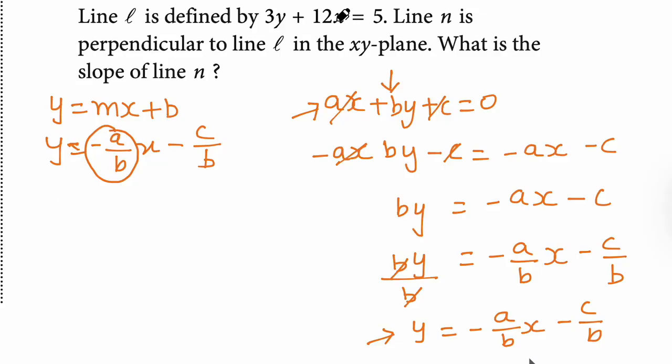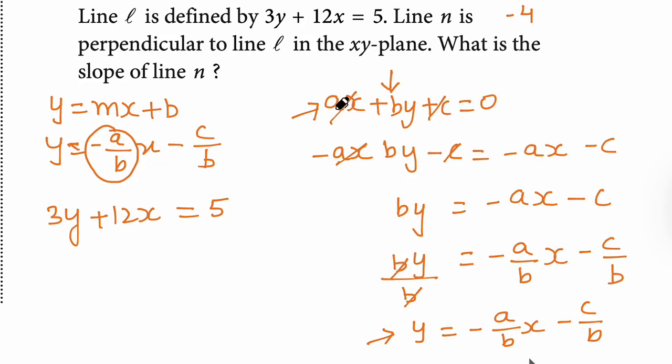We calculated that the slope of this line is -4, right? Let's see what happens. My equation is 3y + 12x = 5. Now what are a, b, c here?